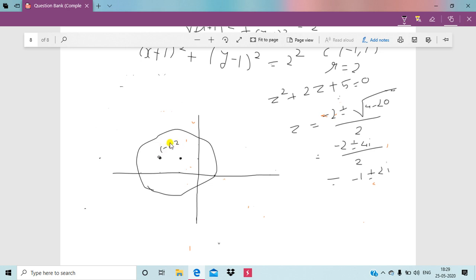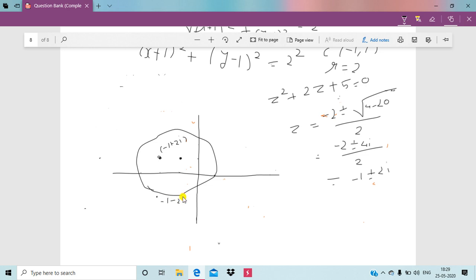This point should be minus 1 plus 2i, and here should be the point minus 1 minus 2i.